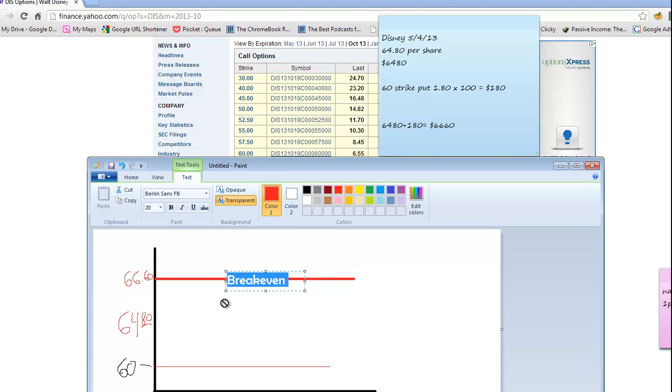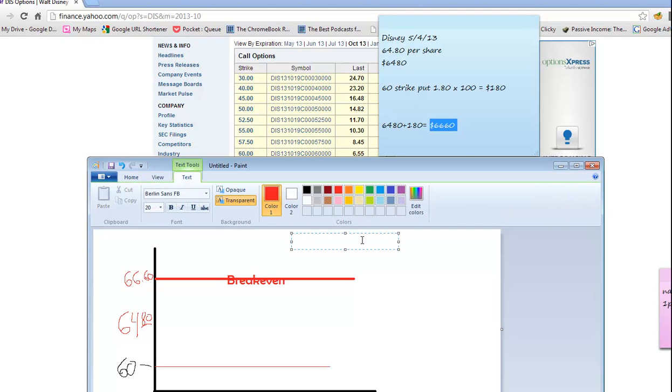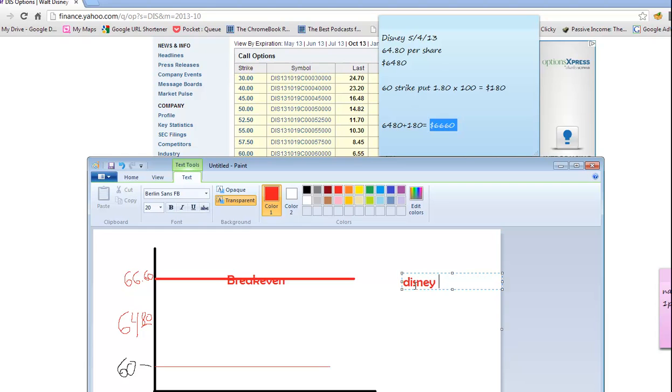It's my break even because it's the $1.80, or $180, plus the cost of the stock, which equals $6,660. So that means for me to break even on this trade, Disney has to reach $66.60. That's for break even, right?